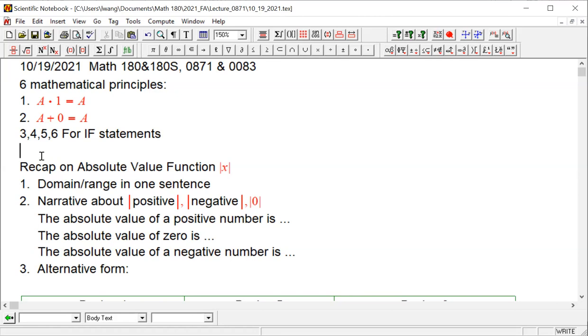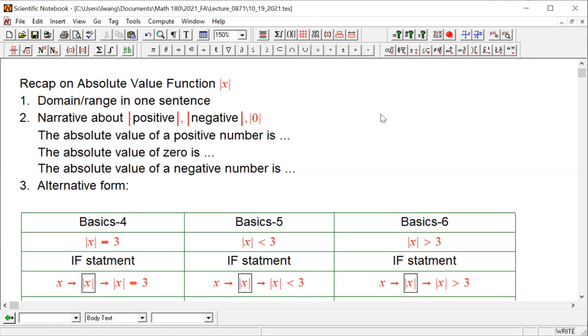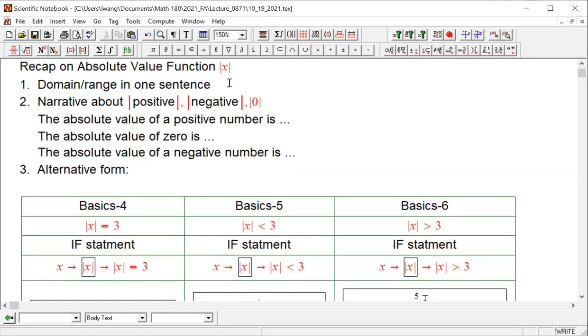Now, next, today we're gonna focus on the absolute value function again. We have covered this earlier on in the semester. I believe in the first 3 weeks we covered those. If you need to, go back and watch them. And now we're going to recap on that. We mentioned that this function is absolutely important.